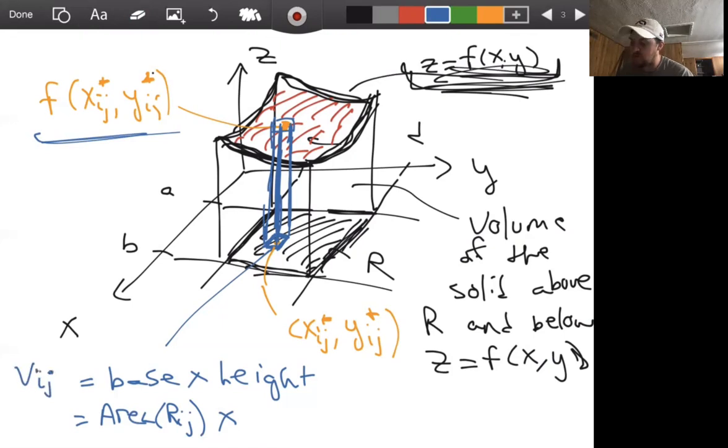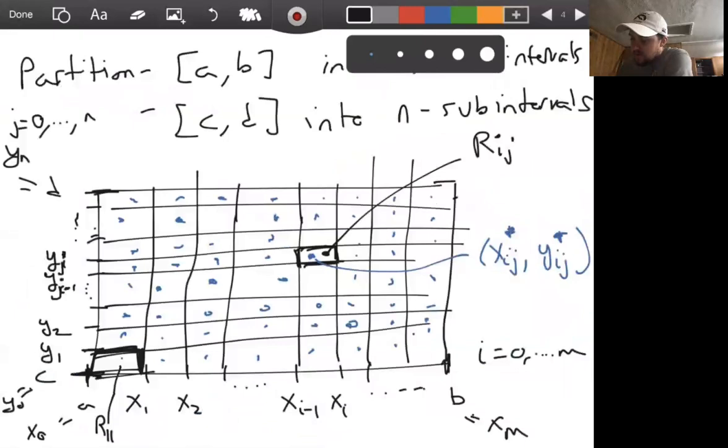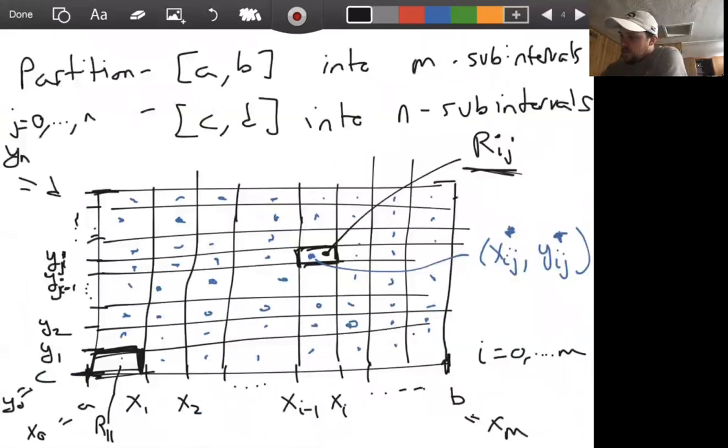Because this is the volume of the prism over the ijth rectangle, right? And so then the height is f of xij star yij star. Okay, and then we can do this for every rectangle Rij, right?